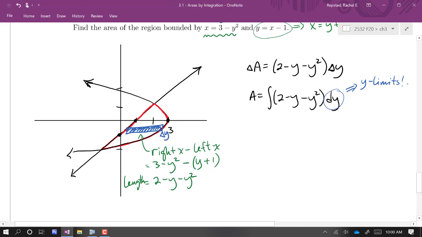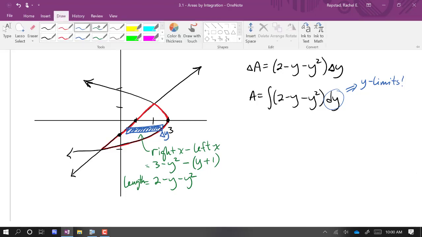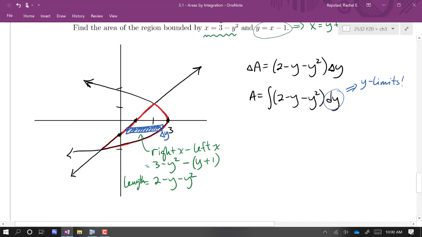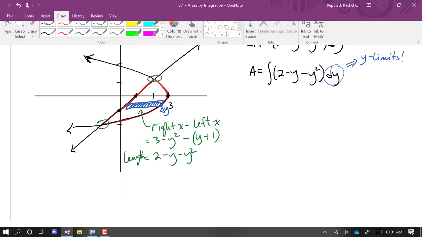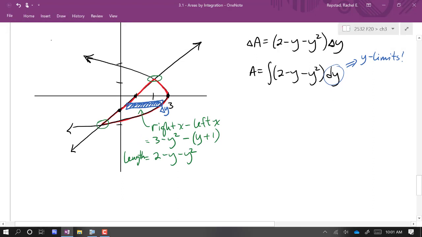We're imagining that we can slide that blue rectangle up and down through the region. So I want to know the furthest up that we can slide that rectangle, where the curves intersect up there, and what's the lowest point we could slide that rectangle, so what's the intersection down there. And we're going to find the intersection the same way. We're going to set these curves equal to each other.